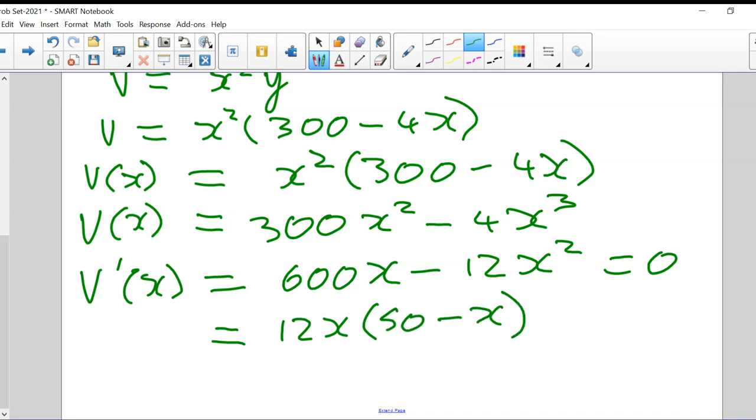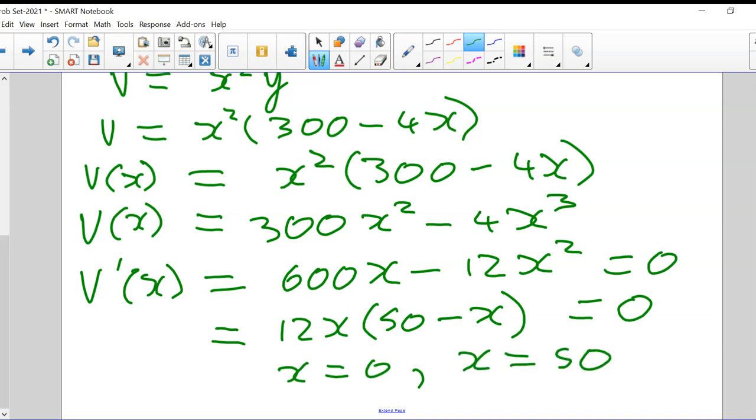I could be wrong, but you will tell me. Am I right? 50 minus x? Thank you, Alexander. Okay, equals 0. So it looks like I have two solutions, right? x is equal to 0 and x is equal to 50.